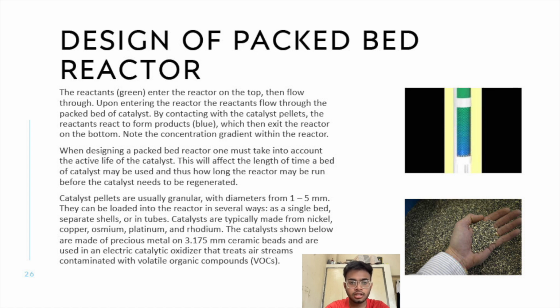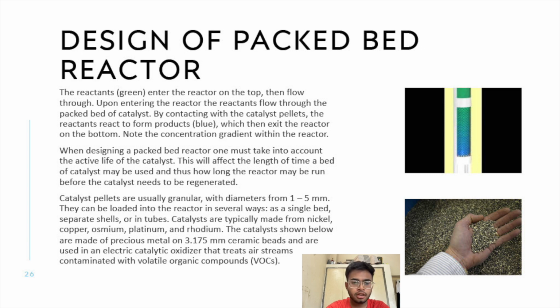Upon entering the reactor, the reactants flow through the packed bed, which is full of small beads of catalyst, and by contact with the catalyst pellets, the reactant forms product, represented by the blue color, and then exits the reactor at the bottom. We can see the concentration gradient within the reactor. The color changes from green slowly to blue, which is the final product.